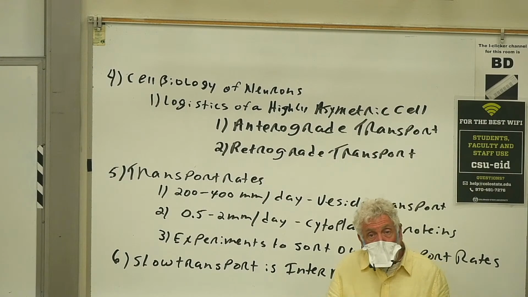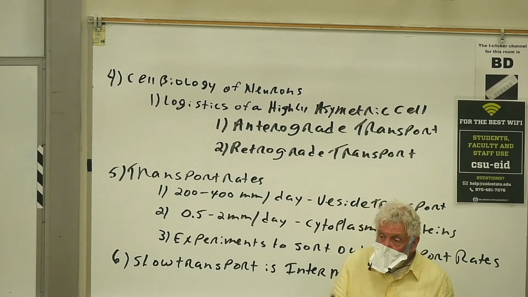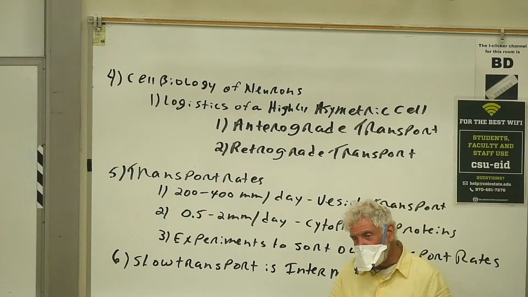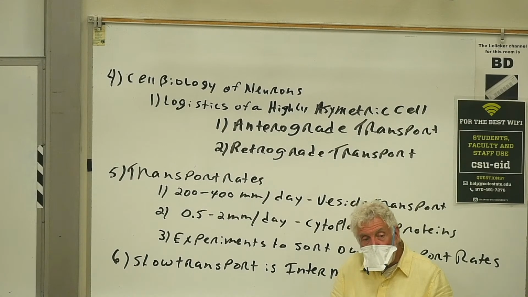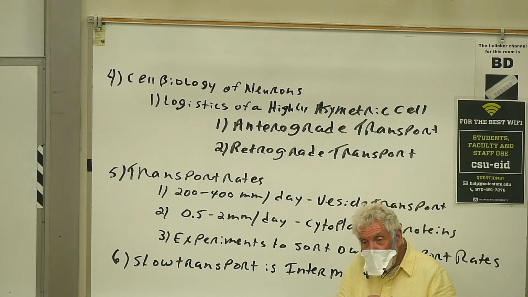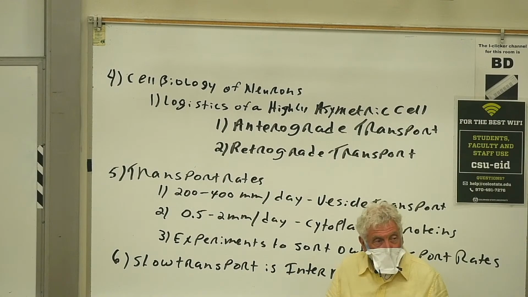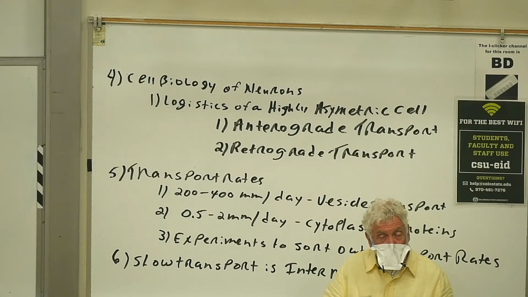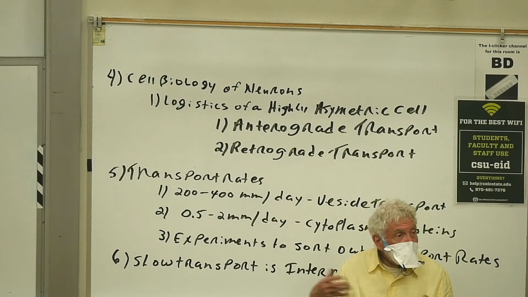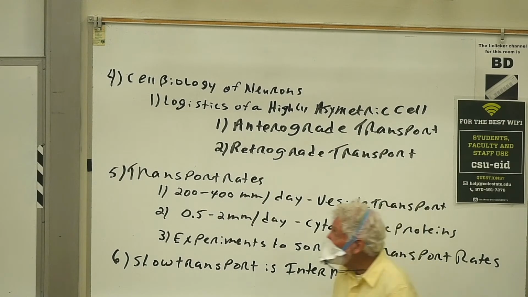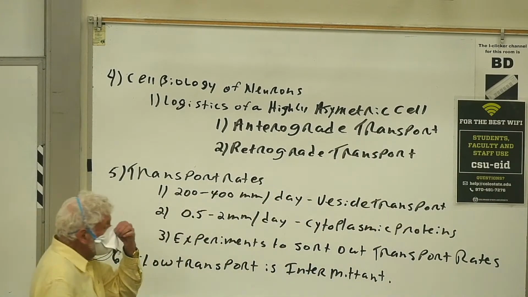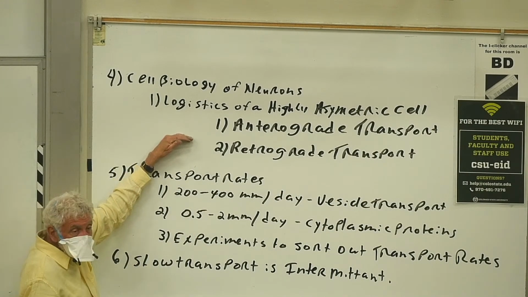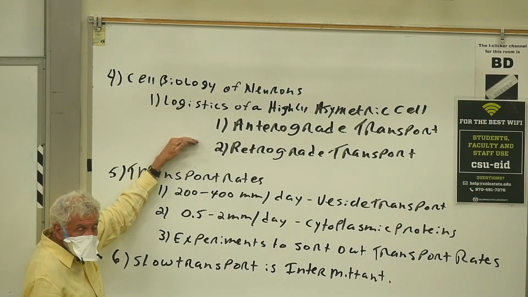The logistical problem arises because all protein synthesis in neurons occurs in the cell body. And yet we have to move those proteins from the cell body all the way down the axon to the terminal. So this brings up a real logistical problem. We make proteins in one place, we have to deliver them to another place. How do we get this delivery system to work? We've talked about that some, in terms of transport on microtubules.